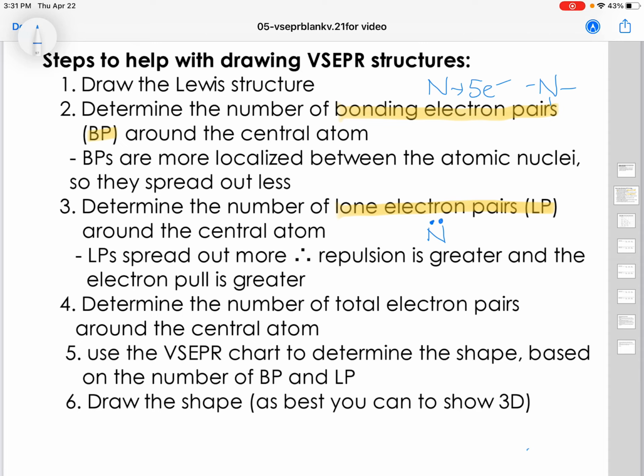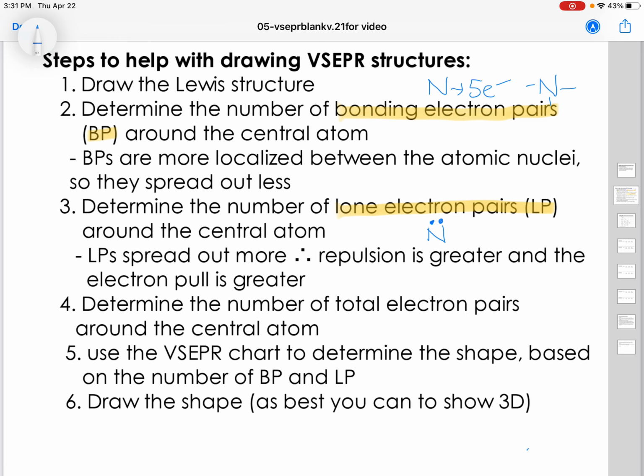So the difference between them really has to do with how they repel electrons and an electron density or negativeness. So bond pairs are more localized between the atomic nuclei, which means that they spread out less.